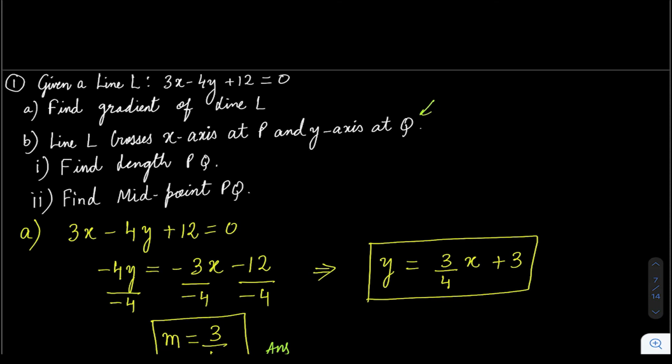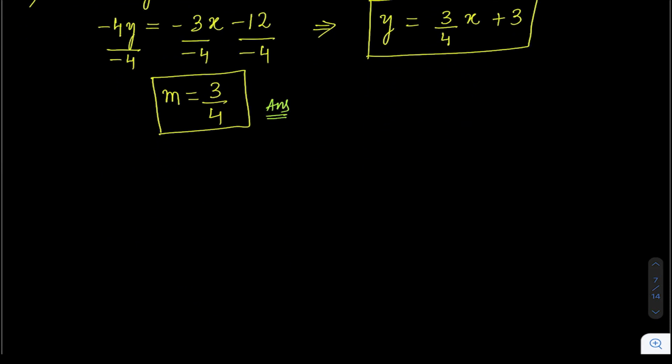Now part B is interesting. It says line L crosses the x-axis at P and the y-axis at Q. How do we find this? Let me take one example. Let's suppose there is a line like this. This is point A where it crosses the x-axis, and this is point B where it crosses the y-axis.